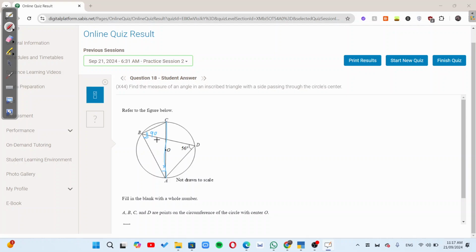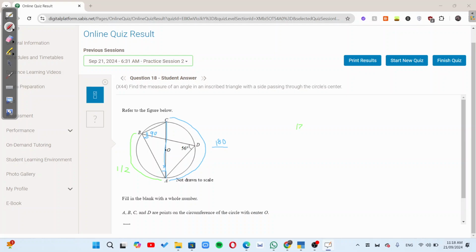And we know that if this is 90, then all this is going to be 180, right? So if all of this is 180, and you know that this angle is 56, so I'm just going to change the color for reference. You know that this angle, which is facing the 56, is going to be 56 times 2, which is 112 here. And you know that the whole circle has to be 360.